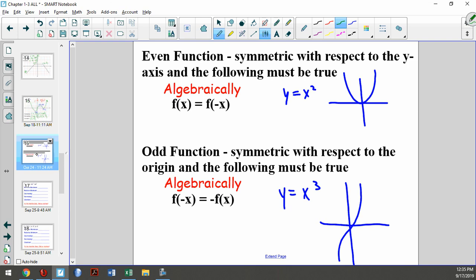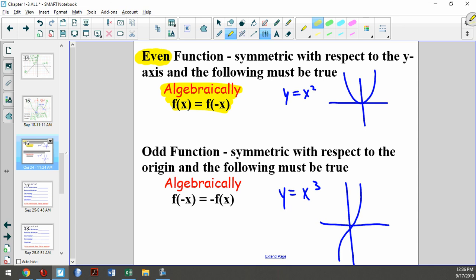Algebraically, when we replaced x with -x, it turned out to have the same y value, in other words, height. So to be an even function, you are proving that f of x is equal to f of -x. To be an odd function, you're going to have symmetry across the origin.